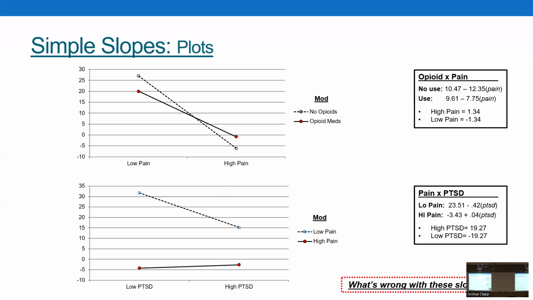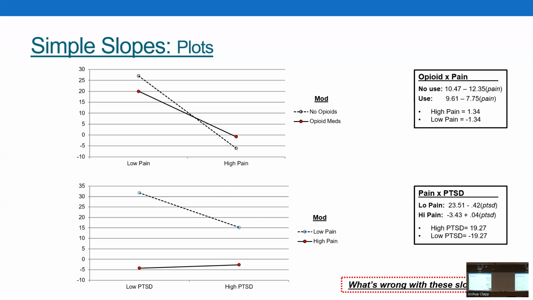Otherwise, it's saying my projected value at a standard deviation above the mean of pain for someone who's not using opiates is a functioning score of -5. Is that real? Nope, it's not, right? So just keep in mind that these are just model-implied associations, not necessarily what's actually happening in your data.